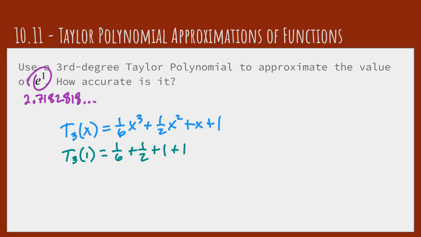So this is 2.5 here plus 1/6 is 2.6666, 2 2/3, repeating. So this is not real accurate. You can see that we're off already in the 10ths place. It's fairly close. It's only off by 1/10 ish. It's actually off by more like 5/100ths. So it's not as accurate because we moved further away.